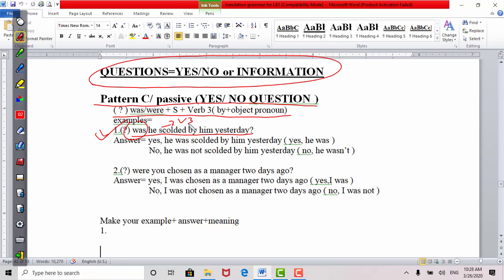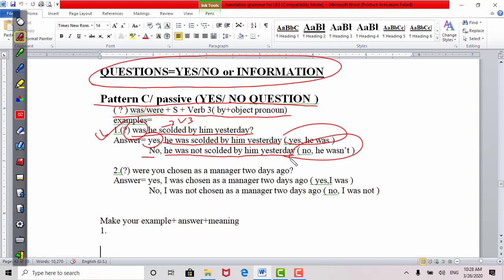You can answer using yes: Yes, he was scolded by him yesterday. Or only yes, he was. But no, he was not scolded by him yesterday. No, he wasn't. You can make the short answer or the long answer.